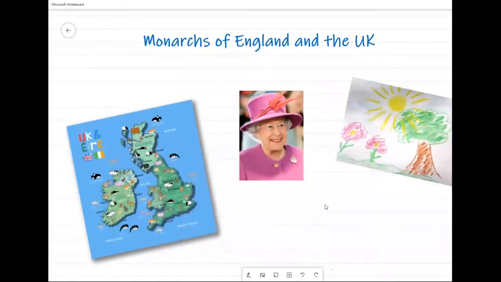Each king and queen that we're going to do, I'll talk about them as a person, but I'll also talk about some important things that were going on in the country at that time. That way we'll get a lot of British history and a bit of world history too, as things sort of start colliding, especially towards the later kings and queens. But it'll be a good overview of the history of these islands, at least.